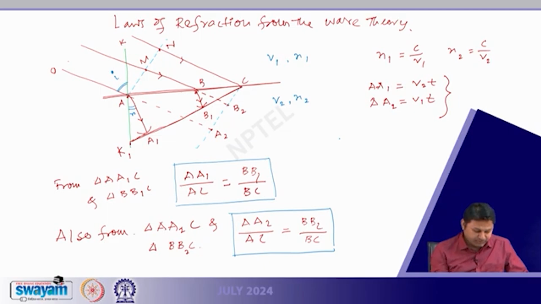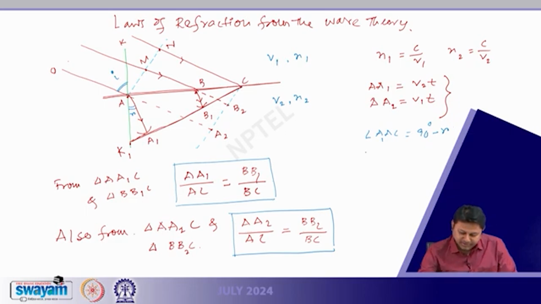Here I should put a few pieces of information: that angle A1 A C is 90 degree minus R, right. Similarly, angle A1 C is 90 degree.